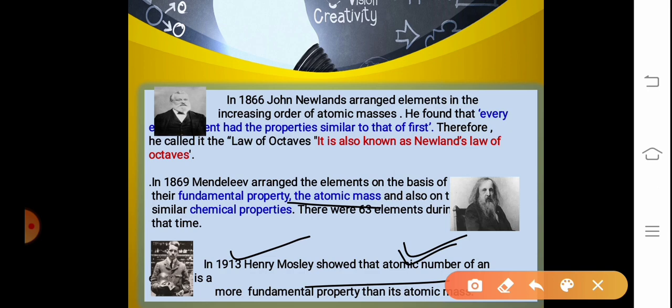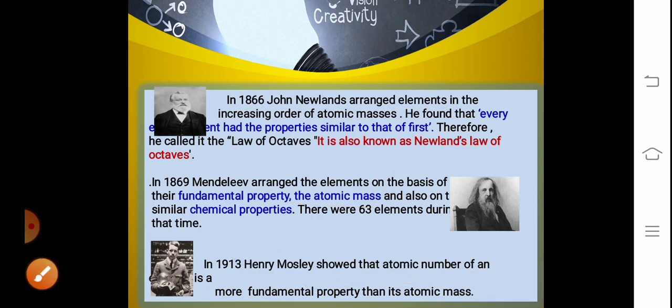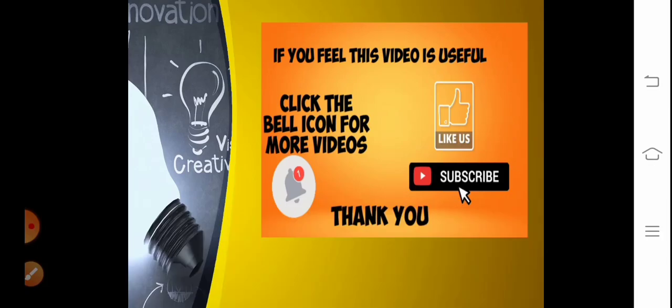Okay. So if we arrange the elements based on atomic number, what happened? We can easily identify the elements according to their increasing order, as well as their chemical properties and the fundamental properties of those elements.